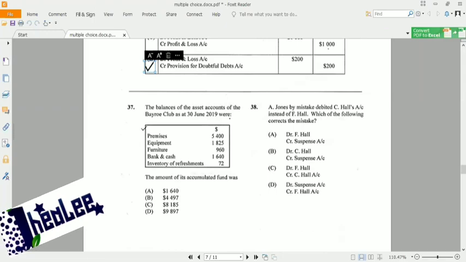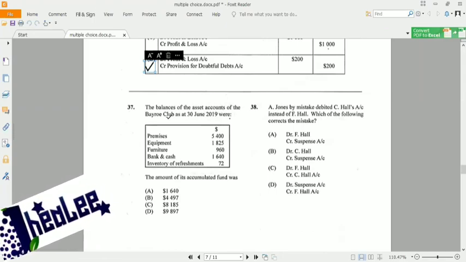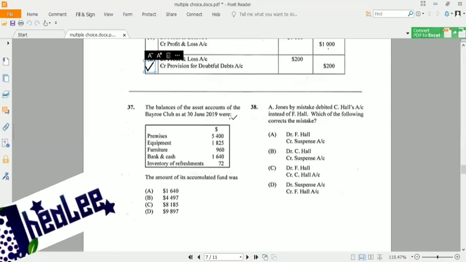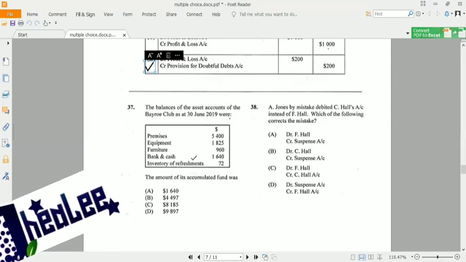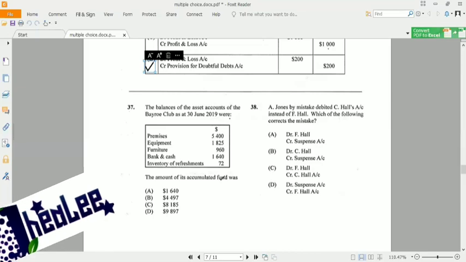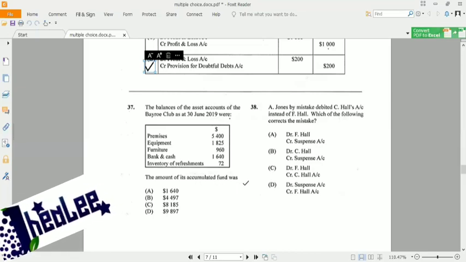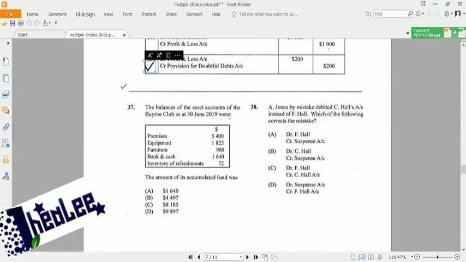Number 37. The balances of the assets of the Payroll Club as at 30th June 2019 were as follows. The amount of its accumulated fund was... Some persons may not be used to the term accumulated fund, but accumulated fund is the same thing as capital, right?